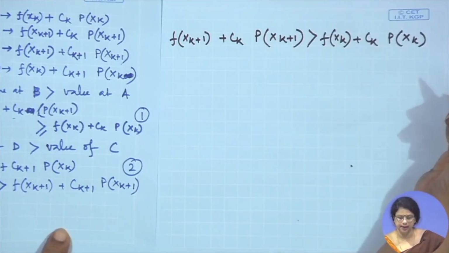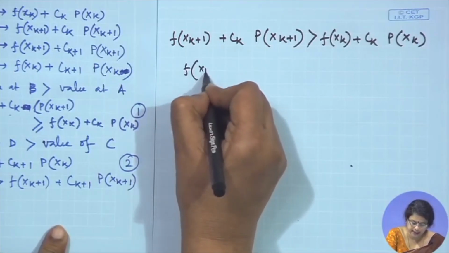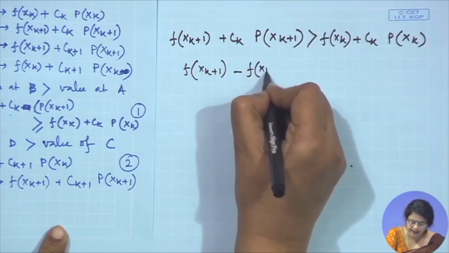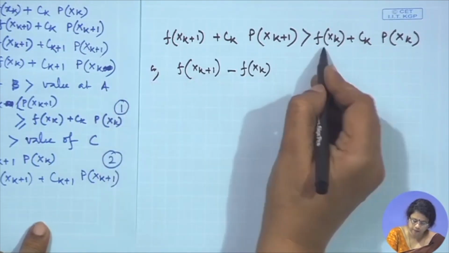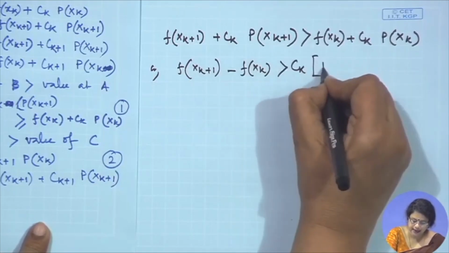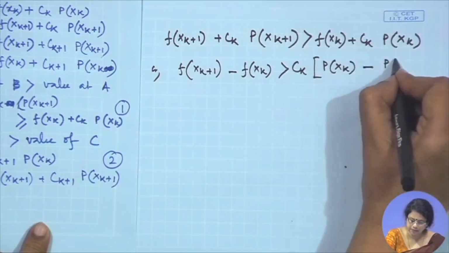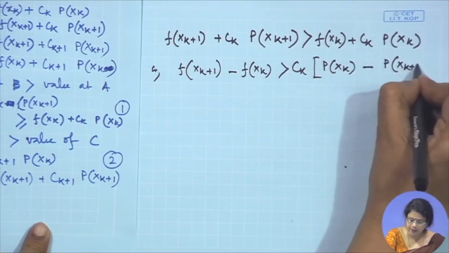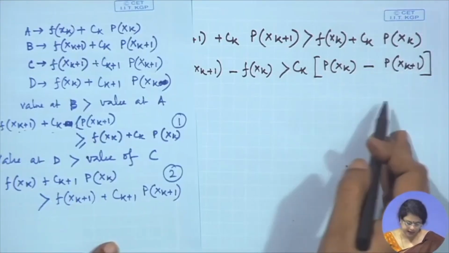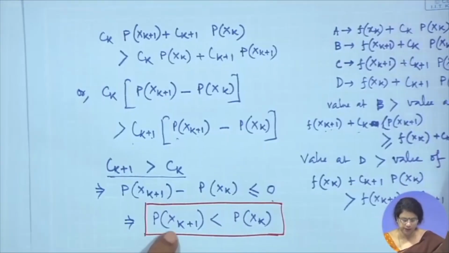Is that correct? Now, from here if I just consider f(x_{k+1}) minus f(x_k), it is greater than c_k times p(x_k) minus p(x_{k+1}), is it not? Now, you see p(x_{k+1}) is the lower value than p(x_k), just how we proved it.